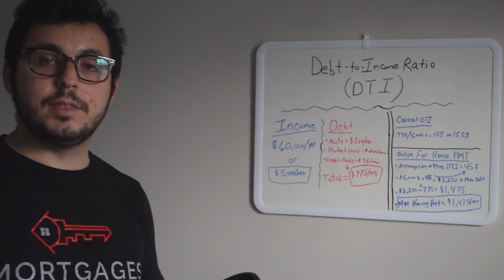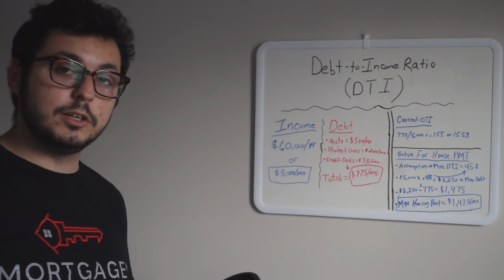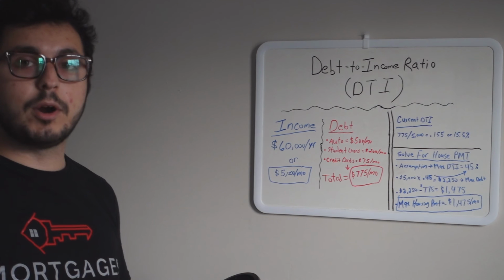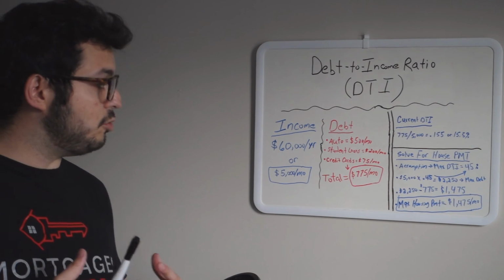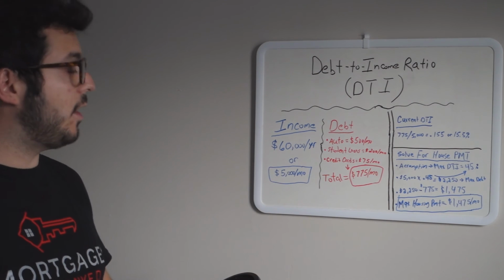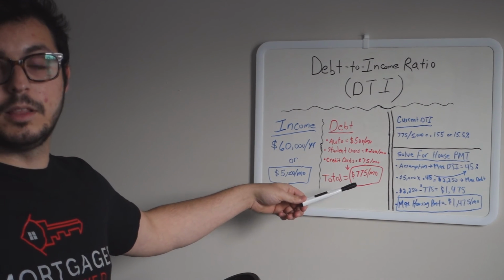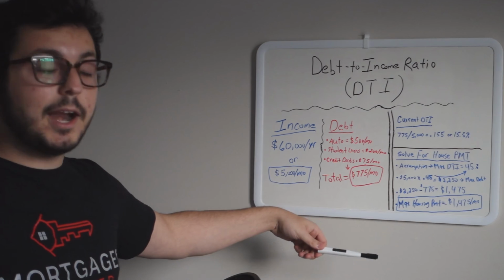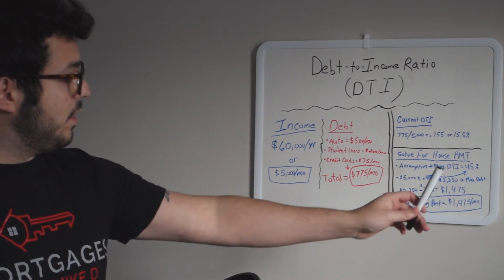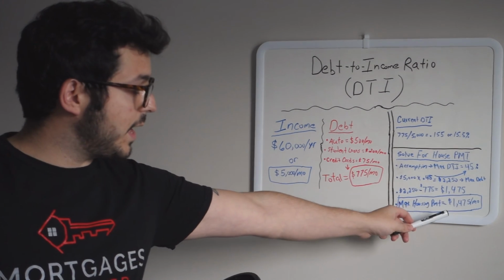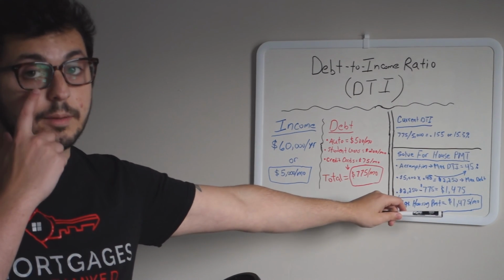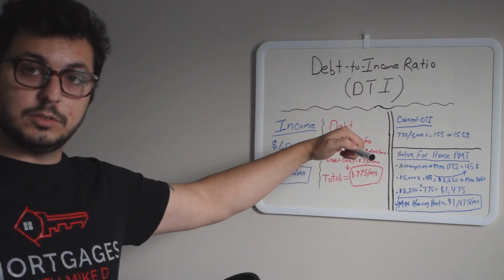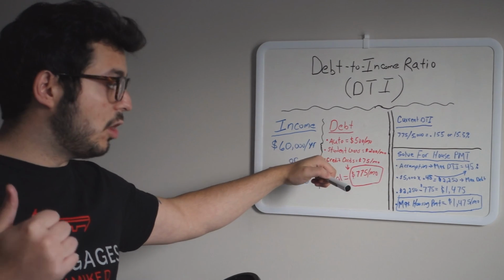You can come to the game when you talk to your lender and realtor and say, I already know what price range we should be in. Based off of some of the due diligence that I did up front, you're now an educated client, borrower, buyer, and you're ready to go. That $1,475, again, to reiterate, is your total housing payment. So we're talking about your principal and interest, which is associated with the loan.